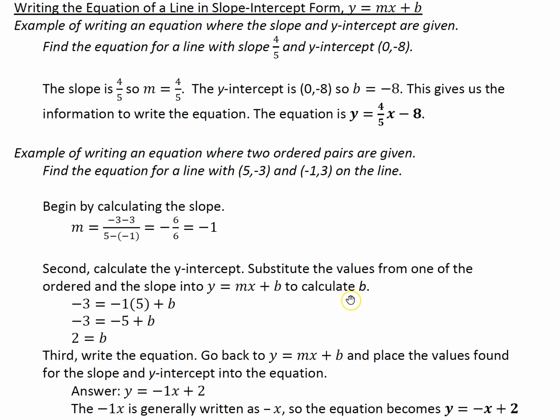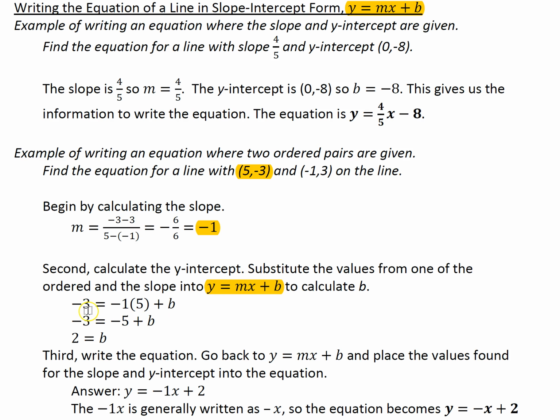So what that looks like is I take the equation y equals mx plus b. I take one of my ordered pairs, and I chose to take the first ordered pair, and I take my slope and substitute all of that into the y equals mx plus b.